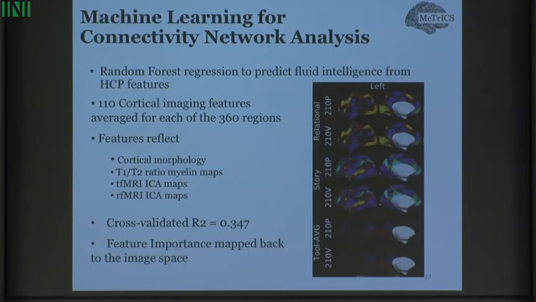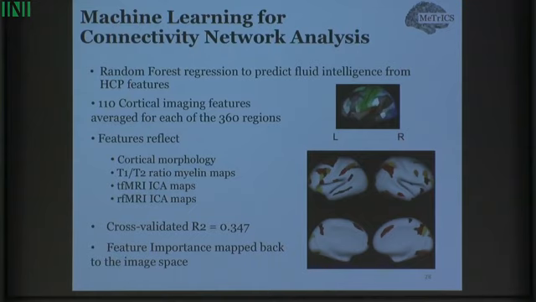And these 110 features were averaged for each of the 360 regions of the HCP parcellation, with some then random forest-based feature selection. We don't get an amazing prediction, but what we do get are features back from the prediction which overlap with a number of regions that we know are involved in higher order cognitive processing and decision making. So this is interesting.